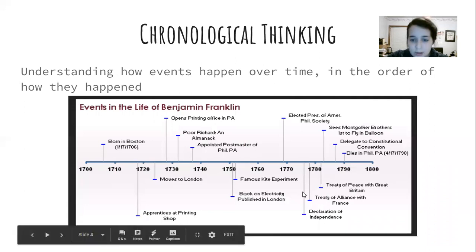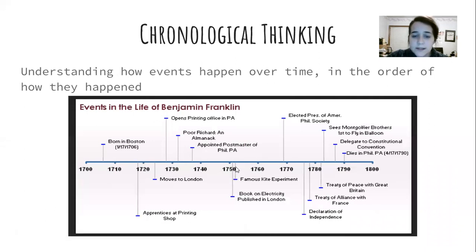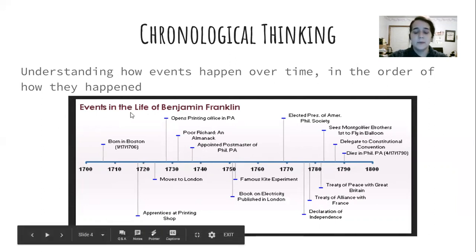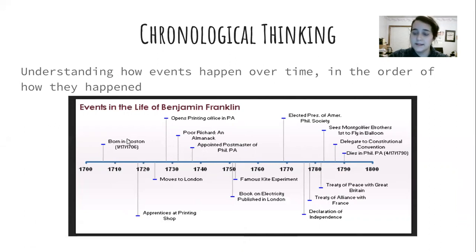And you could look on this timeline and you could see right here, he published his book on electricity between 1750 and 1760, somewhere early in that decade, and it would probably be around, I would say, 1751 or 52. Okay, so this is an example of a timeline, and these are all its components. You'll see that each important event has a title and it has a date. Okay, so this is what we're going to be looking at and learning about.